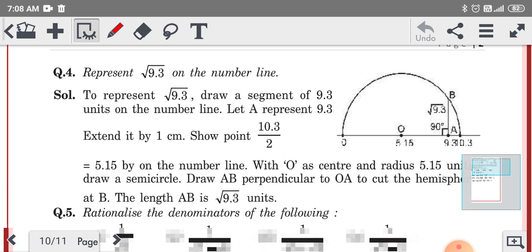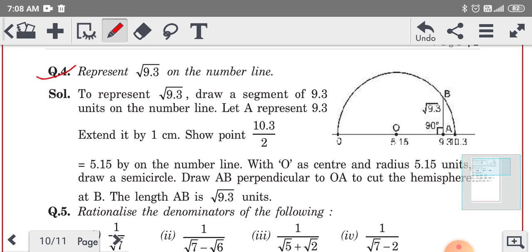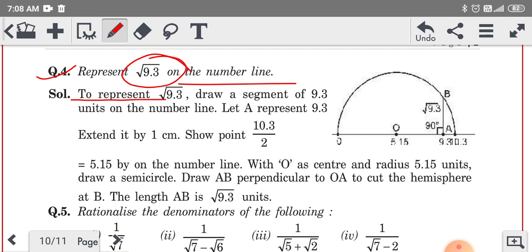So next कहते हैं represent under root of 9.3 on the number line. कहते हैं to represent under root 9.3 on the number line they draw a segment of 9.3 यूनिट्स, मतलब पहले 9.3 यूनिट का एक सेगमेंट करना है नंबर लाइन पे. फिर कहते हैं let A represent 9.3. कहते हैं एक्सटेंड इट बाय 1 सेंटीमीटर, मतलब इसको एक्सटेंड कर देना है.